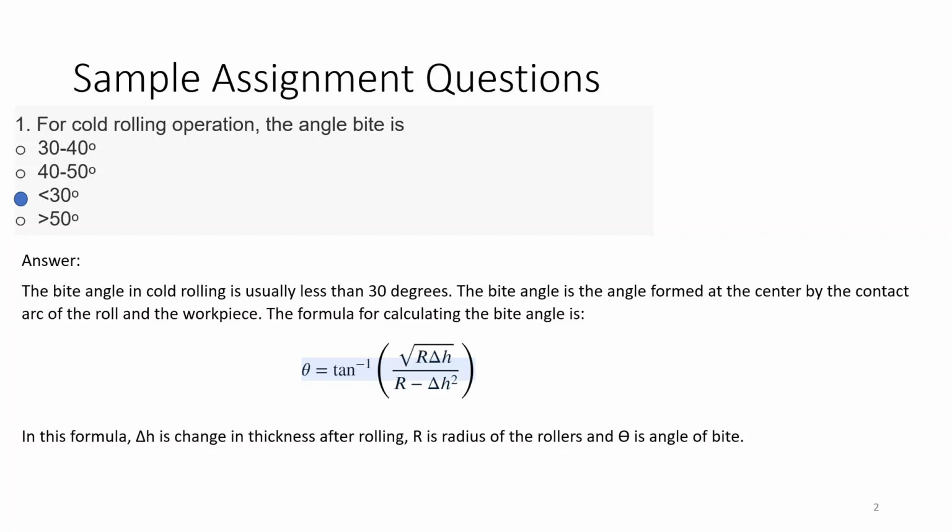So the bite angle in cold rolling is usually less than 30 degrees, and the bite angle is the angle formed at the center by the contact arc of the roll and the workpiece. The formula for calculating the bite angle is theta equals tan inverse of the square root of R delta h divided by (R minus delta h).